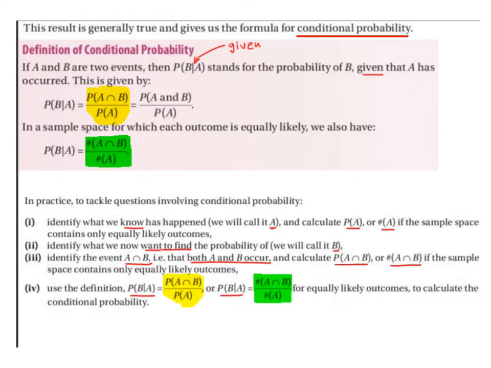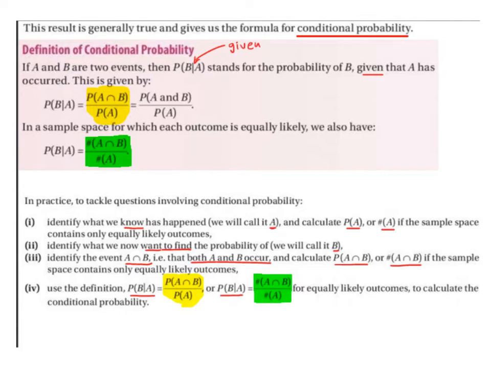This is given by the probability of B given A is equal to the probability of A intersection B divided by the probability of A, which is the same thing as the probability of A and B divided by the probability of A. And in a sample space for which each outcome is equally likely, we also have the probability of B given A is going to be the cardinal number of elements of A intersection B divided by the cardinal number of elements of A. So A comes second in B given A, so the probability of A is our denominator.